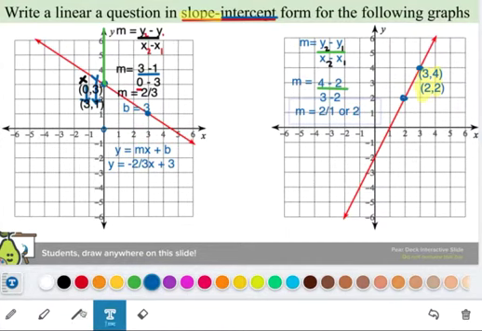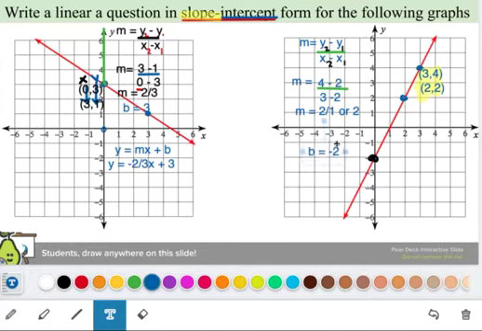The y-intercept always is at 0, and whatever number that is, -2. So your y-intercept is -2, or as you go down the y line, it's at -2. So the y-intercept is -2.